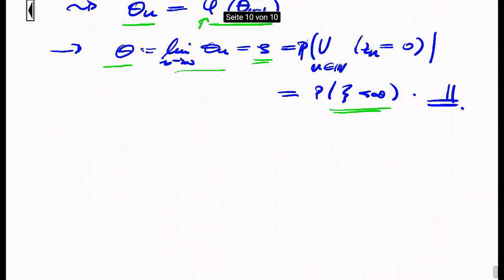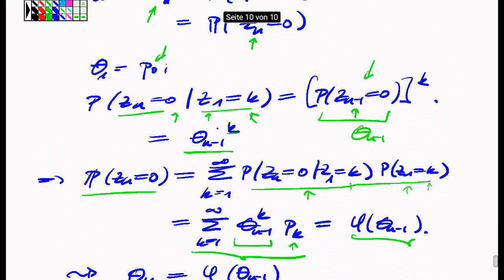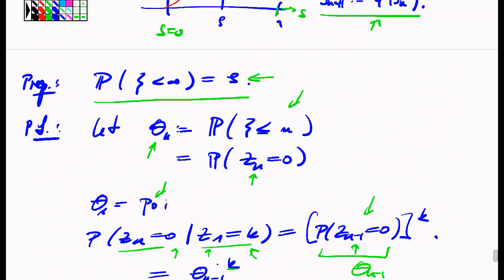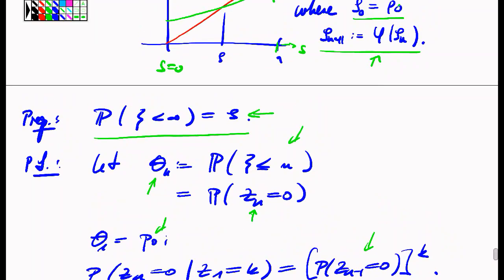And in the supercritical regime, there is a distinctive number rho, which is given by the specifics of this offspring distribution, which is the interior fixed point of the generating function, which is the probability that we get extinct in finite time, which is a positive number in general, because it may happen even in the supercritical case that by randomness the family gets extinct.